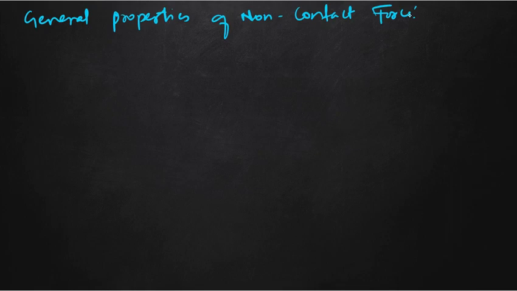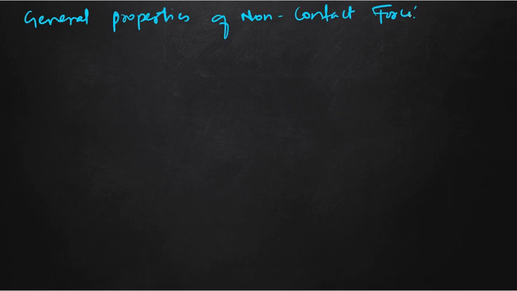But in contact force they need some connector. In non-contact force, force is exerted on the body but without coming in direct contact. So what are the properties of non-contact force? That is, the non-contact forces do not need a material medium to act on a body.